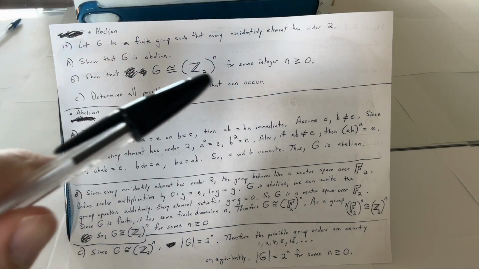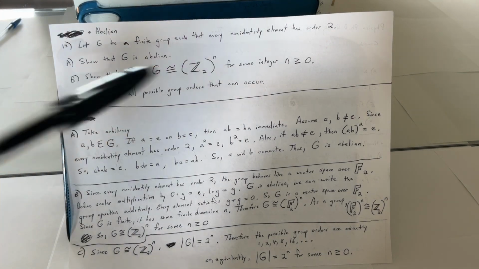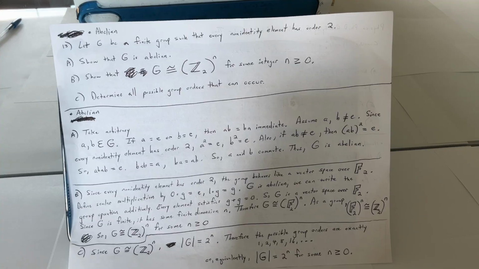Show the following isomorphism for an integer n greater than or equal to 0. For part B, since every non-identity element has order 2, the group behaves like a vector space over F2. We define scalar multiplication by 0 times g equals e. G is abelian, and we write the group operation additively, and every element satisfies g plus g equals 0.